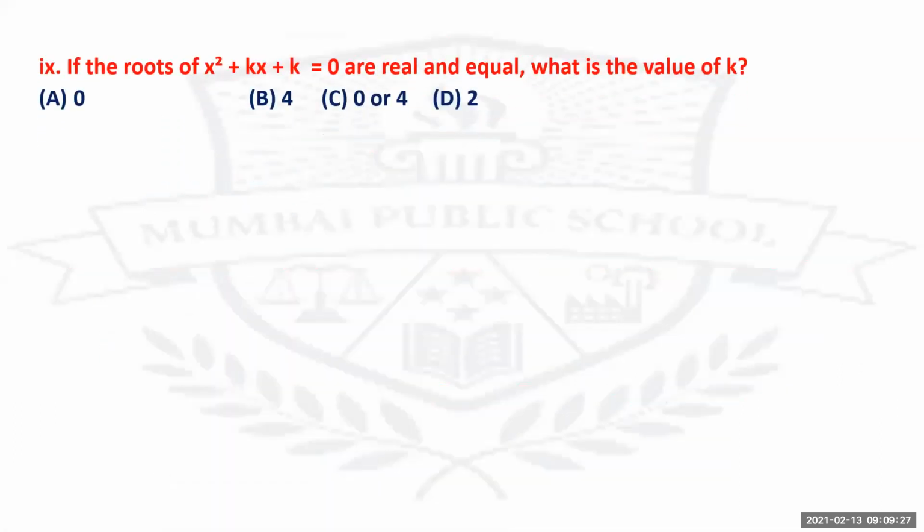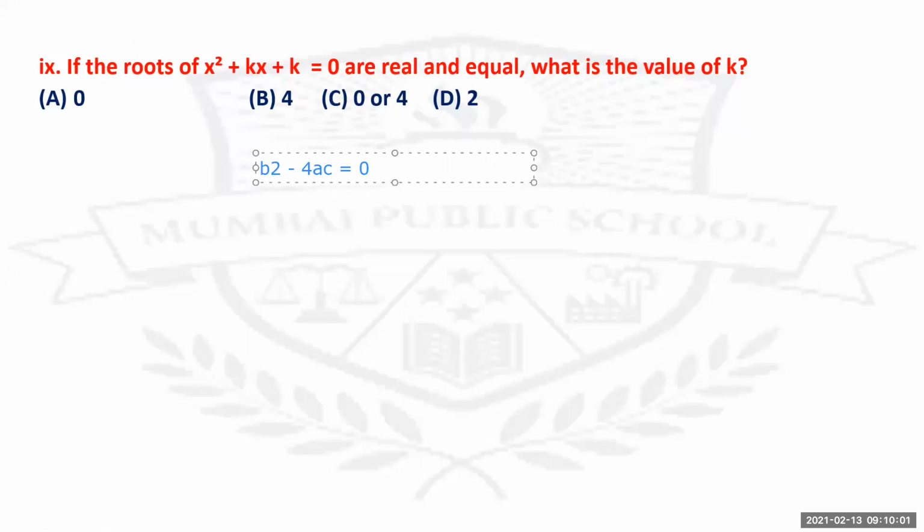If the roots of x square plus kx plus k equals to 0 are real and equal, what is the value of k? When the roots are real and equal, you will get b square minus 4ac equals to 0.